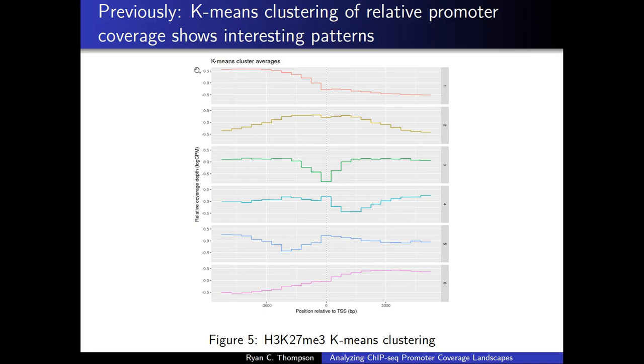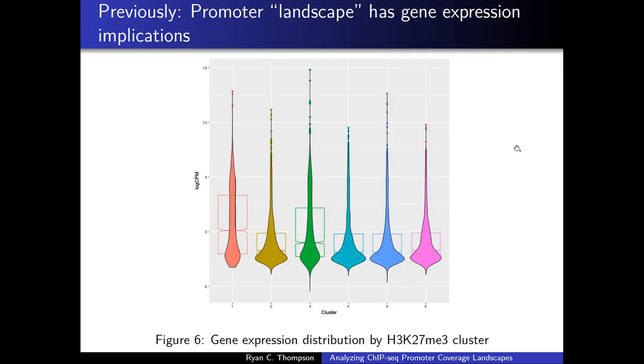So there's definitely some interesting patterns of coverage in terms of the promoter. For example, you have downstream coverage here in cluster 6, you have upstream coverage in cluster 1, and so on. And then the interesting thing was when I took those same clusters, which were determined by the ChIP-seq coverage for H3K27 trimethyl, and I plotted the distribution of RNA-seq expression values, I saw that 2 of the clusters in particular, 1 and 3, looked different from the rest.